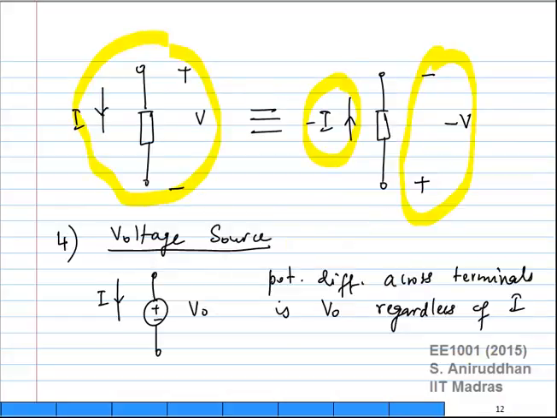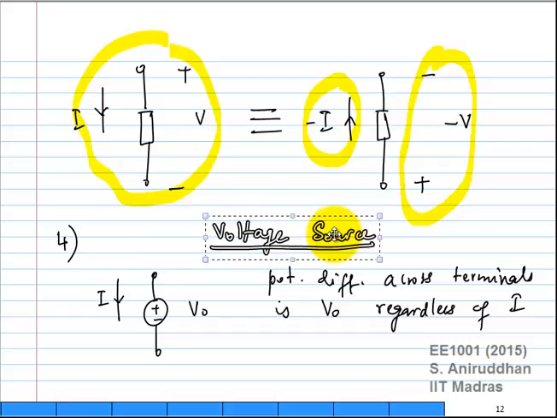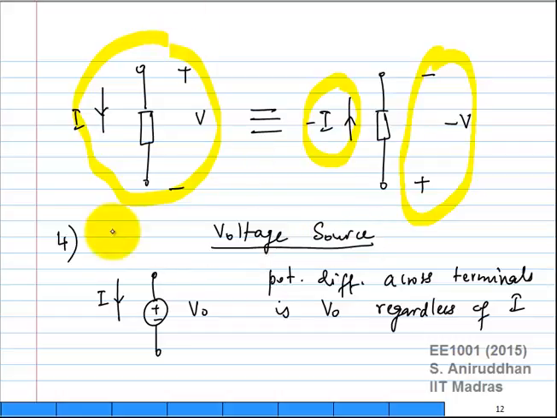We also looked at two other electrical elements. One is the voltage source, which I will add a small qualifier to, because of what we are going to study in today's class. I'll call it an independent voltage source. This particular symbol stands for an independent voltage source.